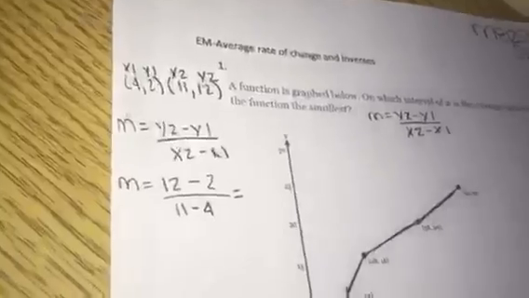So m equals 12 minus 2 over 11 minus 4. We get 12 minus 2 is 10 over 7.